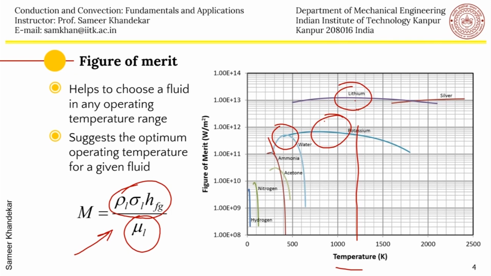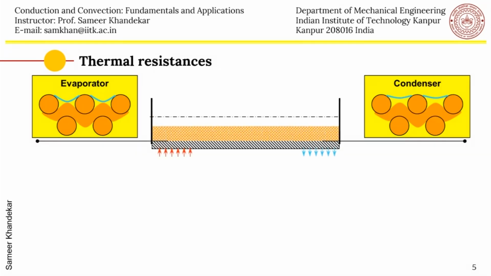And now let us look at the whole process of heat transfer in a heat pipe. So as you can see, I have just made a cartoon of the evaporator porous structure. So you can see these are meshes, for example. So these are the metallic wires which are like porous media, and then there is an interface there, which is the liquid interface, which saturates this wick, and so the liquid is all filled up in the spaces inside this porous media wherever there are spaces, and then heat comes in from the evaporator.